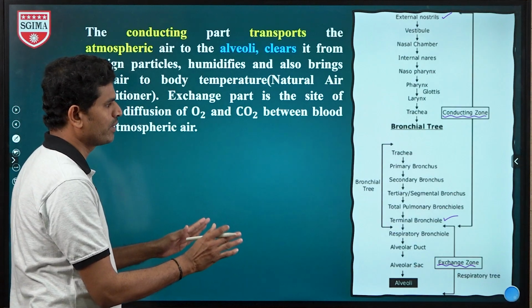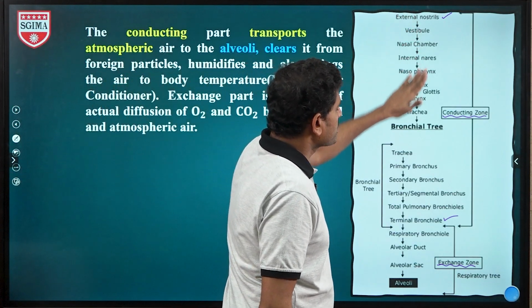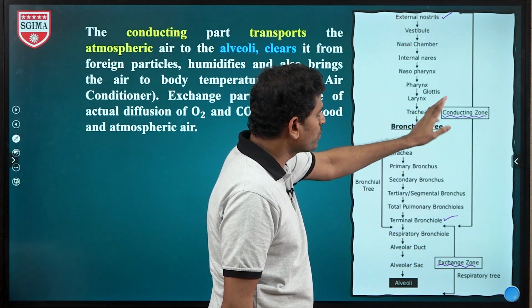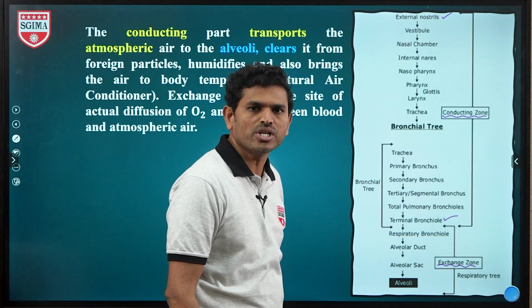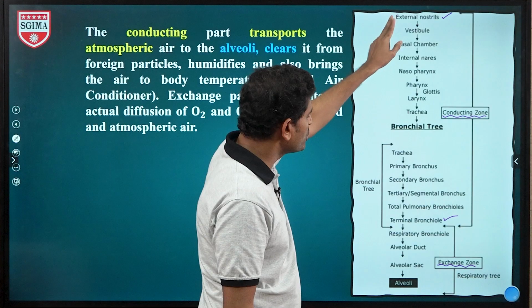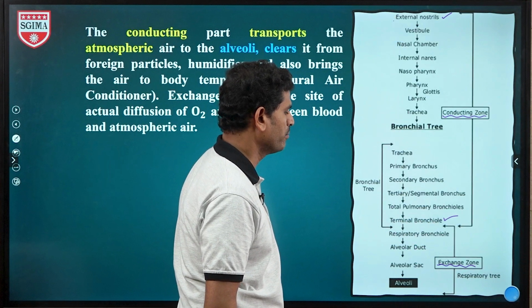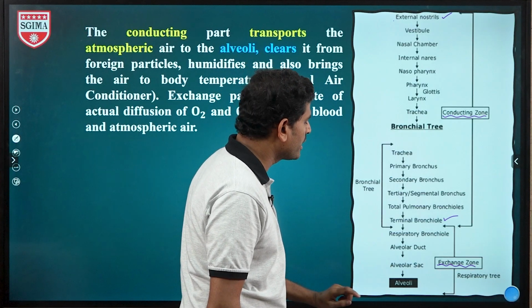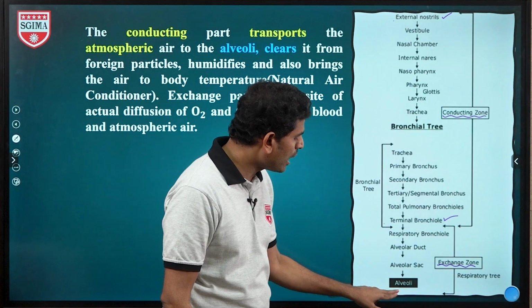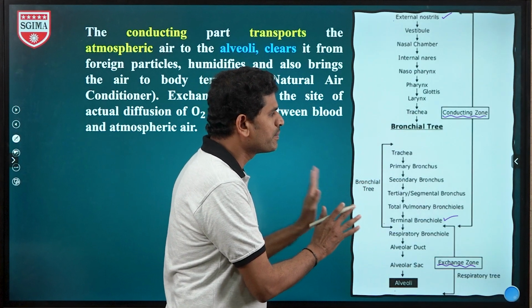Okay, so I'm going to revise this once more. The total respiratory tract is divided into two parts: one is the conducting zone and the other is the exchanging zone. The conducting zone contains the parts from the external nostrils to the terminal bronchioles. The exchanging part contains the respiratory bronchioles to the alveoli. These are the two parts in our respiratory system.